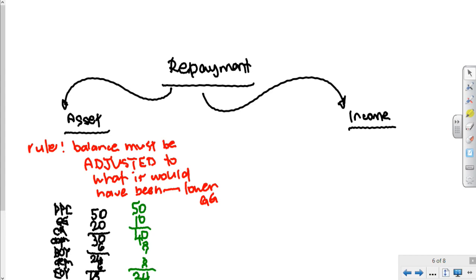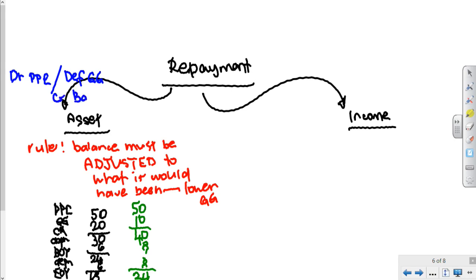Do you remember what happened when I received the grant? The entry was debit bank, credit PPE in that case, right? When I do the repayment, the entry is the opposite. So the entry now is going to be debit PPE or deferred government grant, depending what I've chosen, credit bank.